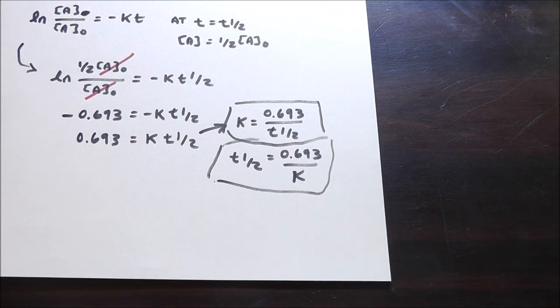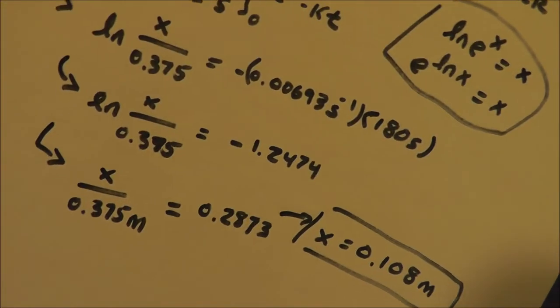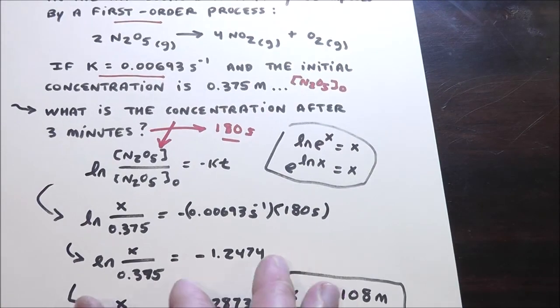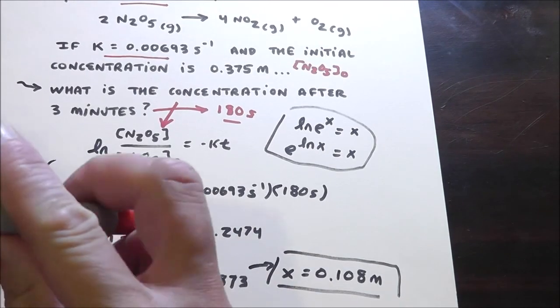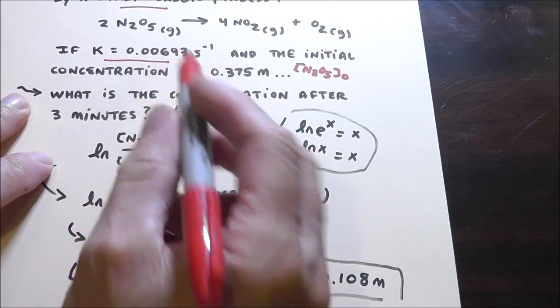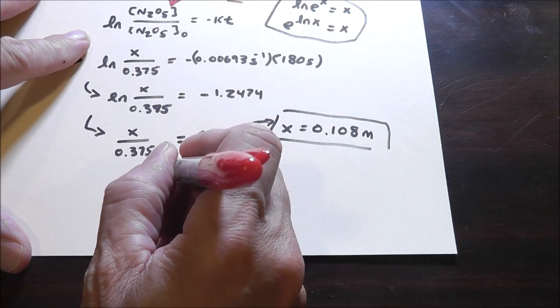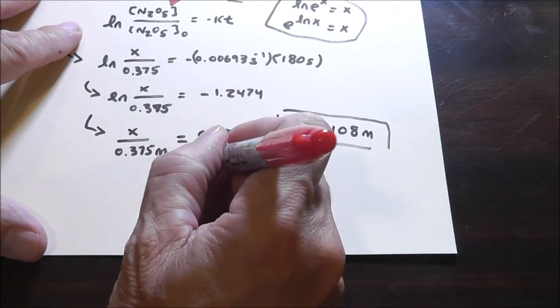And so what we're going to do now is use this to solve for t1/2 in the last problem. They gave us a k. It was in seconds. So in this particular instance, I could use my k value.